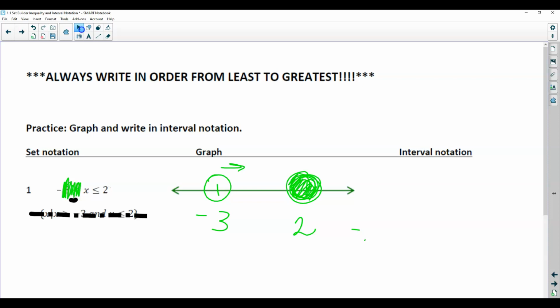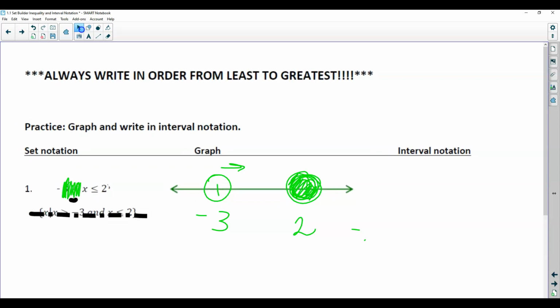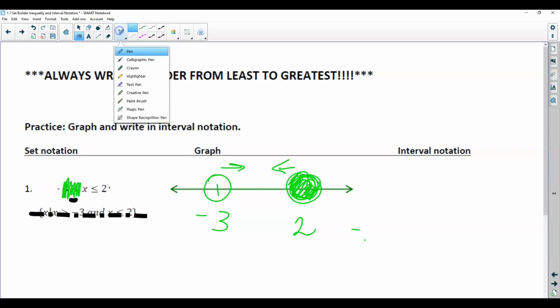So if that was the only thing, I'd shade less than towards the left, which is going to be that way. See how the shading's going to crisscross on each other right here? They both point in.